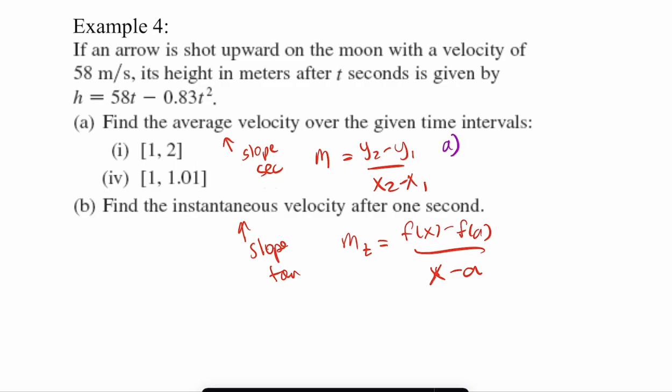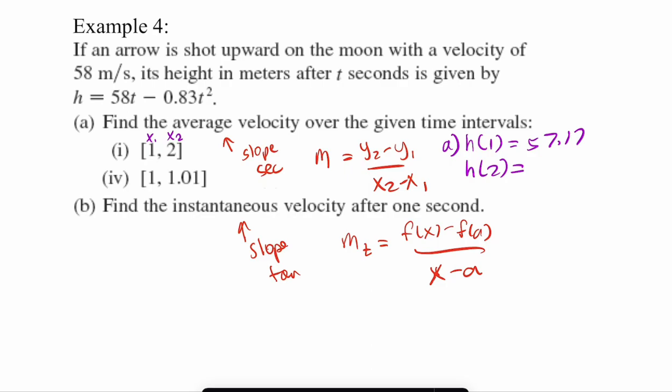Our points, that is an interval. So this is x1 and this is x2. Okay, that is our 2 points. So our height at 1 and our height at 2, let's check. If we plug in 1, we get 58 minus 0.83 is 57.17.